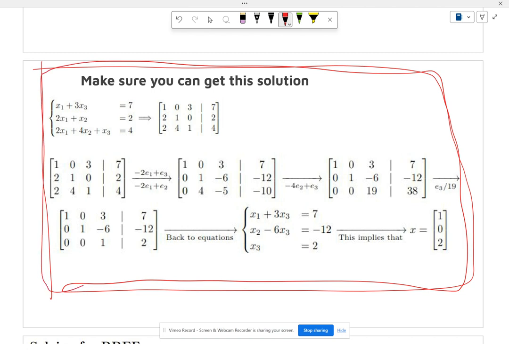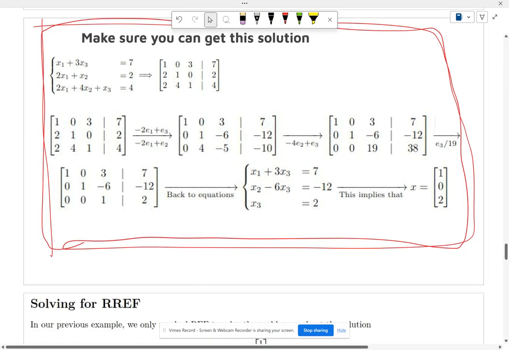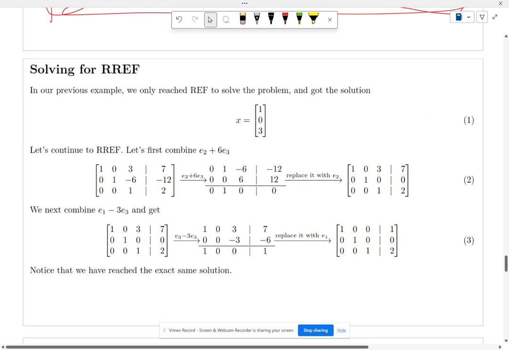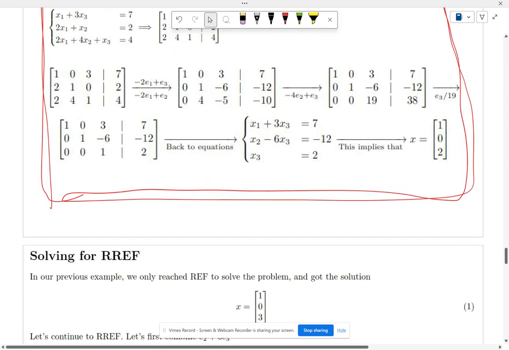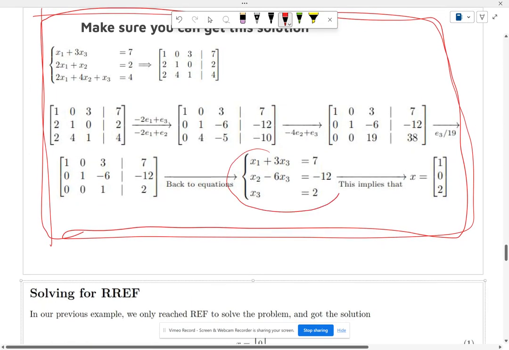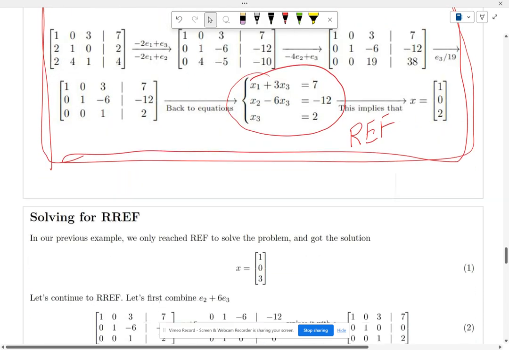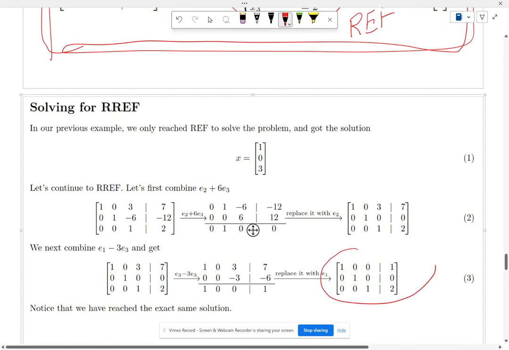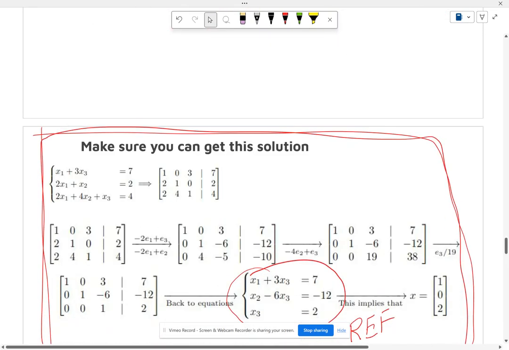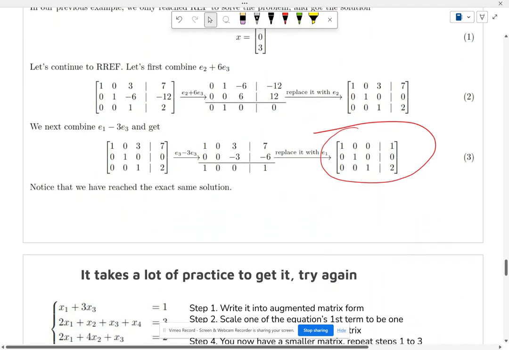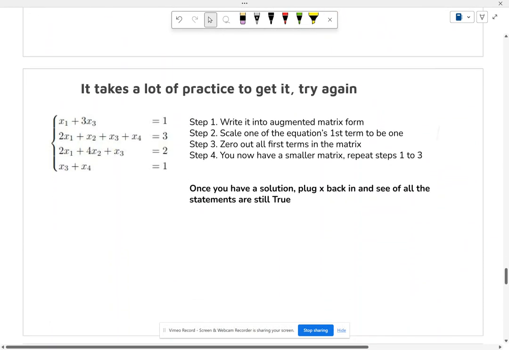This is the solution. So this is a solution where we reach the row echelon form, and then we continue and solve for the reduced row echelon form. So this problem here, we showed you how to do it all the way to the reduced row echelon form.